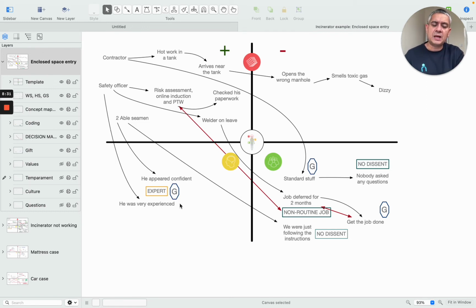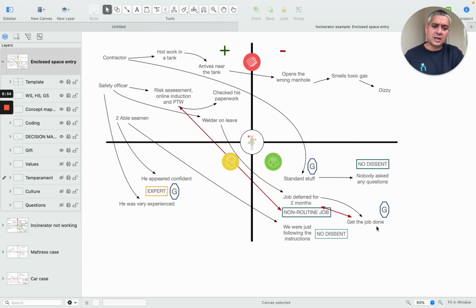But here we become so much more culturally intelligent. Standard stuff. What does that mean? What does that even mean when somebody uses the word standard stuff? And we try to pay attention to what kind of a culture this person has come from that he sees everything as standard stuff. What does this tell us about the contractor's culture?